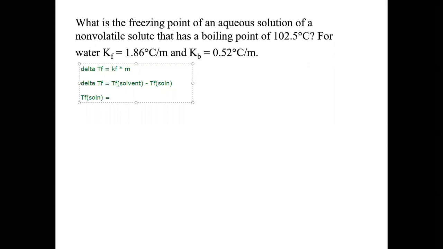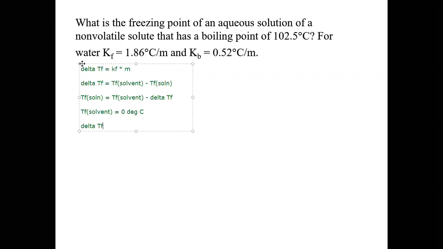So in order to find the freezing point of the solution, we need to take the TF of solvent minus delta TF. And since we're dealing with water, we already know the TF of solvent. It's equal to 0 degrees Celsius. We just have to find delta TF.